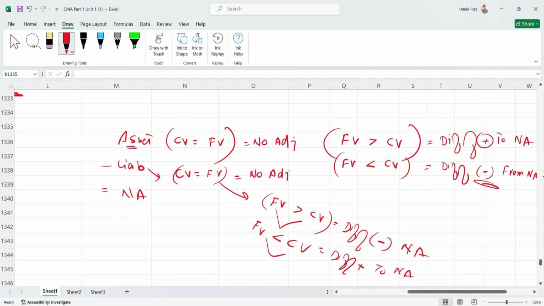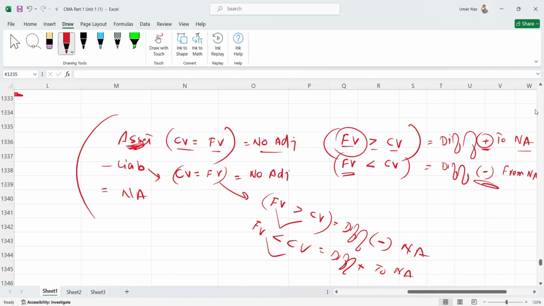Okay, guys, so these adjustments might be given. Please just go through this one more time. If assets are there, and he told you carrying value equals fair value, no adjustment is required. But if some asset's fair value is greater than carrying value, we'll take the difference. The difference will be added to the net assets, because we are taking net assets at fair value, and fair value is more, so that is why we have to add this difference to the net assets.